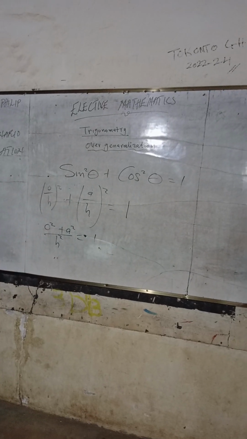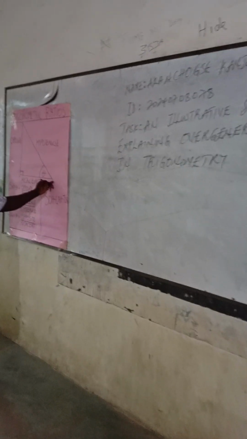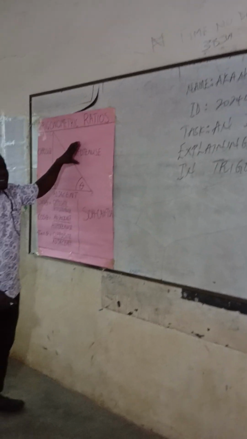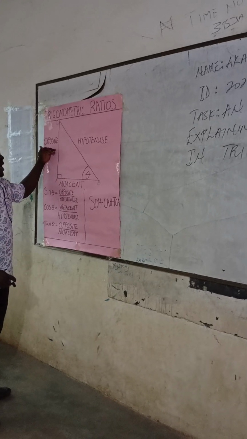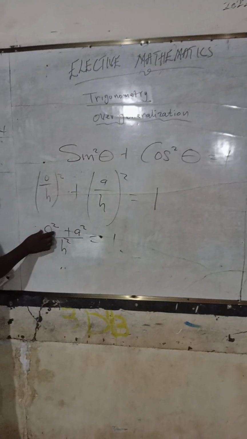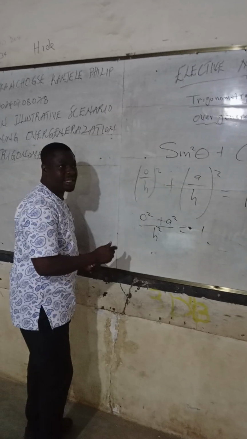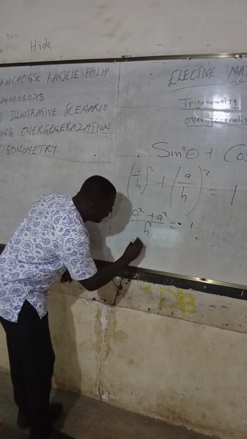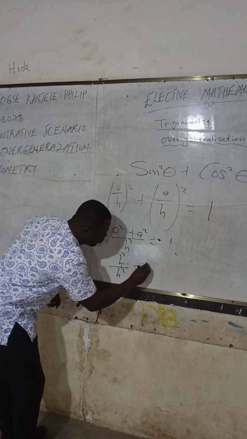In Pythagoras theorem, we learned that the longest side squared is equal to the opposite squared plus the adjacent squared. So O square plus A square is equal to H square. So we have H square over H square, which is equal to 1.